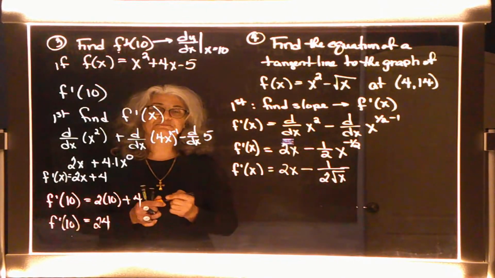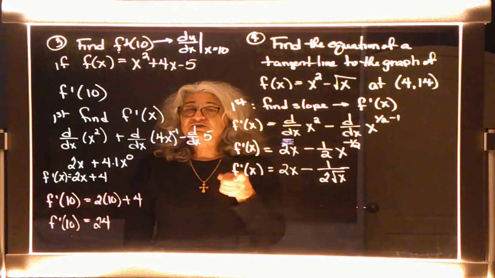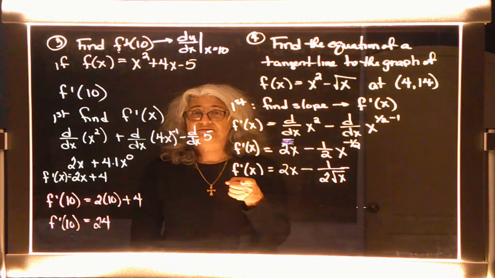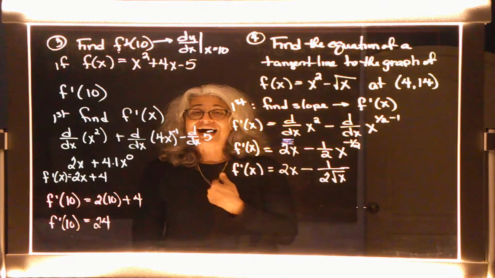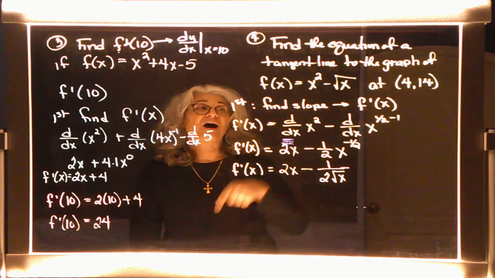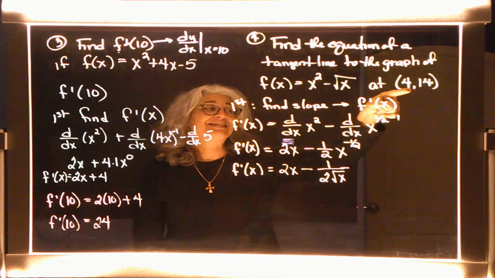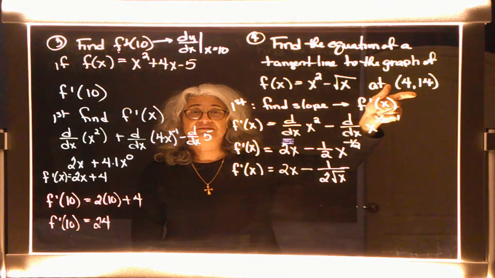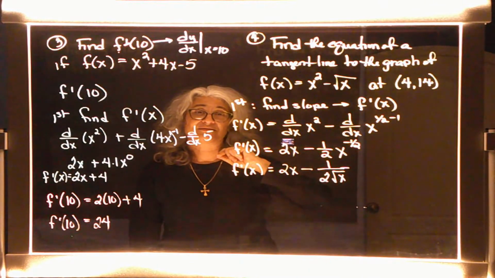Agreed? Okay. So now, this is your generic slope equation. Remember that? This is the generic slope equation. I need the slope of this function at this point. This point is made up of an x and a y, isn't it?